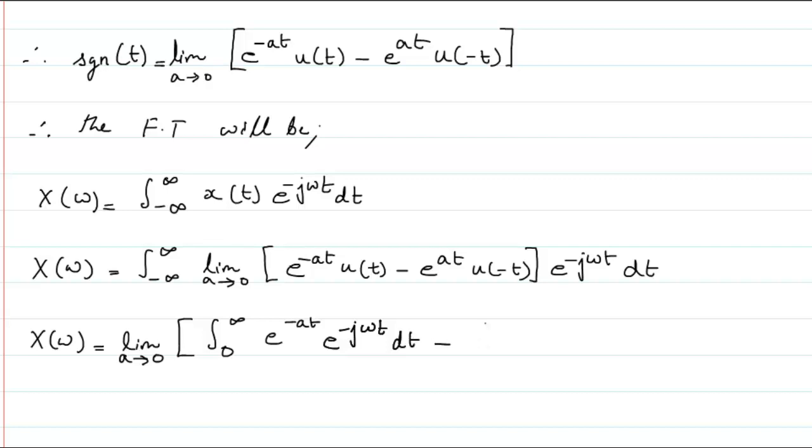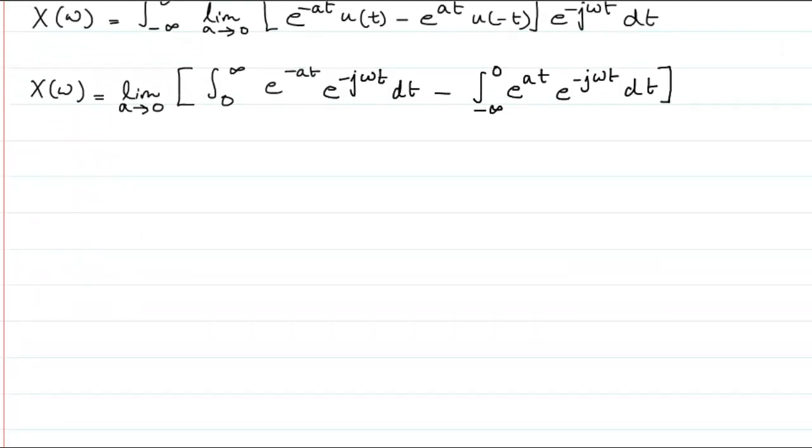And for the second case, the integral of e raised to power at u of minus t: u of minus t exists from minus infinity to 0, so the limits change from minus infinity to infinity to minus infinity to 0, e raised to power at times e raised to power minus j omega t dt.